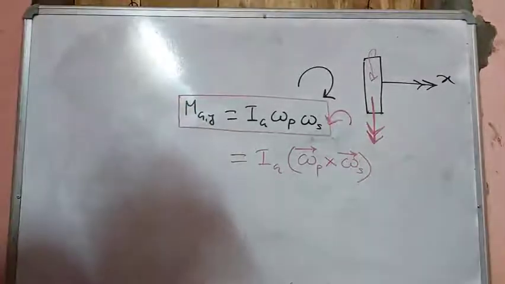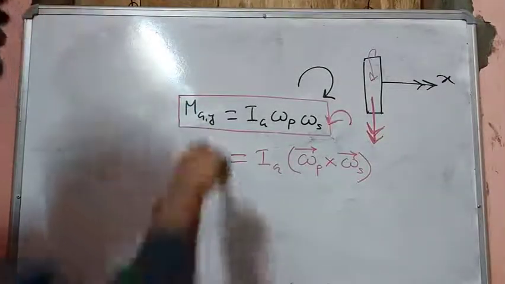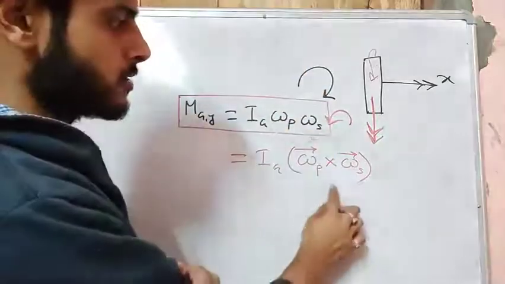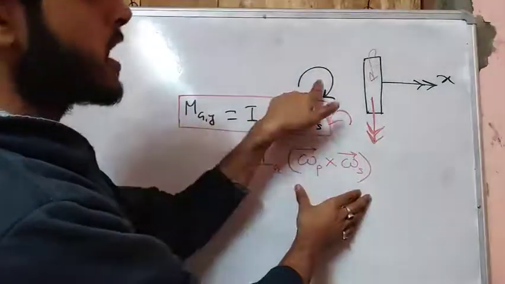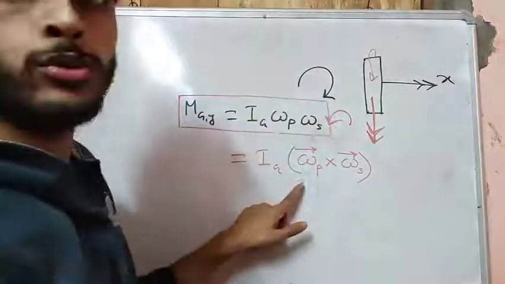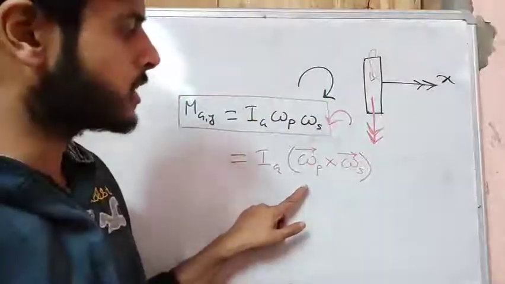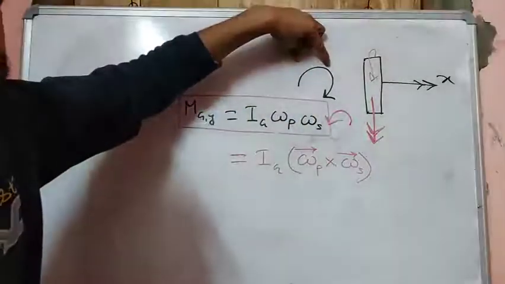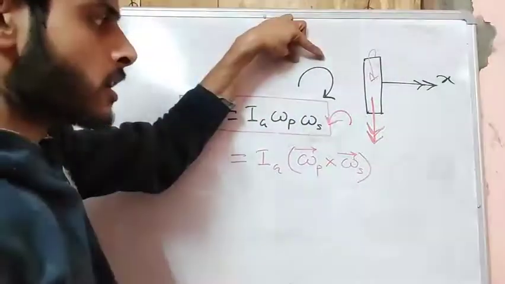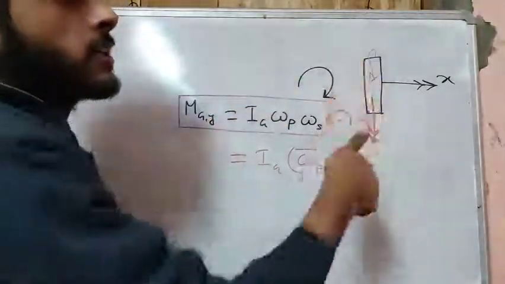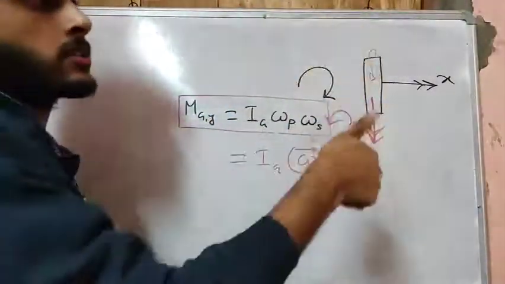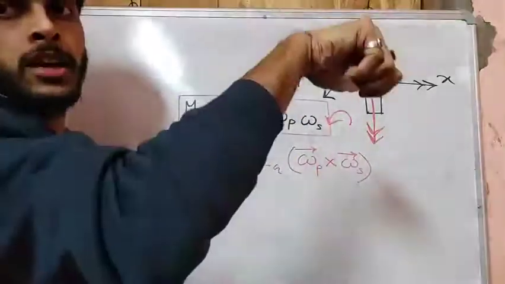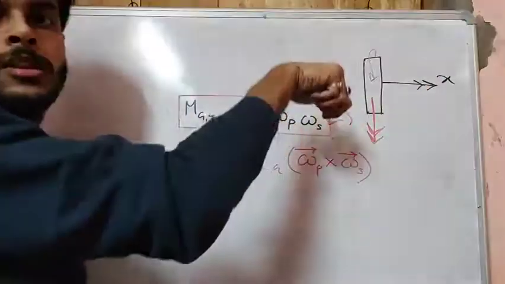So what are the inferences that we have got? If we apply a clockwise moment, we try to match with the direction of this. So omega p has to have such a direction that omega p cross omega s is equal to the external torque direction. If omega p has a vertically upward direction, omega p cross omega s gives a direction which is similar to this torque.